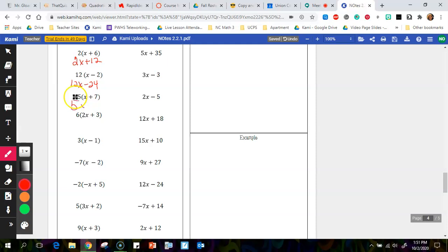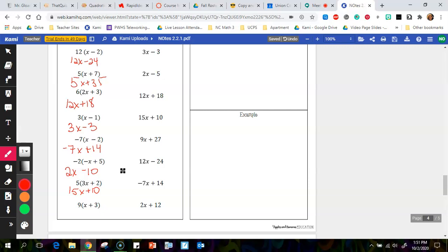This is 5x plus 35, 12x plus 18. So I'm just distributing over here. 2x minus 10. This one's 15x plus 10. Hopefully I'm getting them all right. We'll see when we start matching. And that's going to be 9x plus 27.